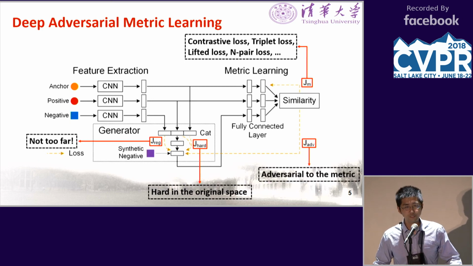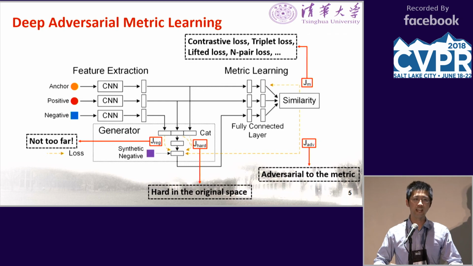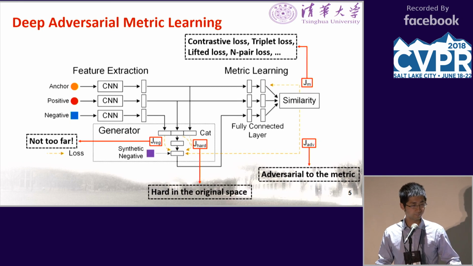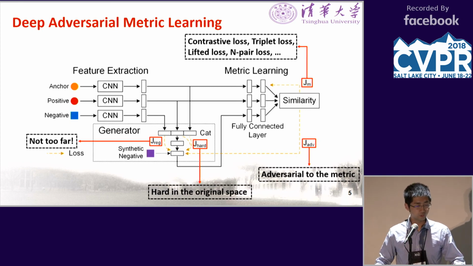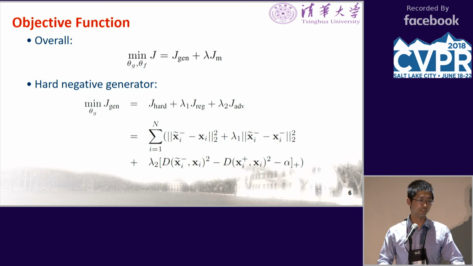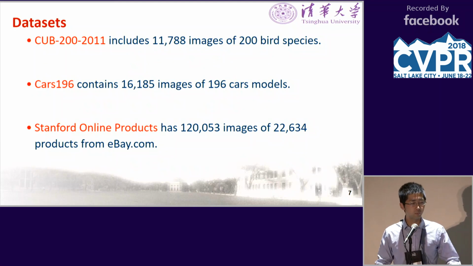And J_adv is for the adversarial relationship between the generator and our learned metric. We train the network in an end-to-end manner, and this is the overall objective function and the detailed hard negative generator term. We conducted experiments on 3 benchmark datasets.